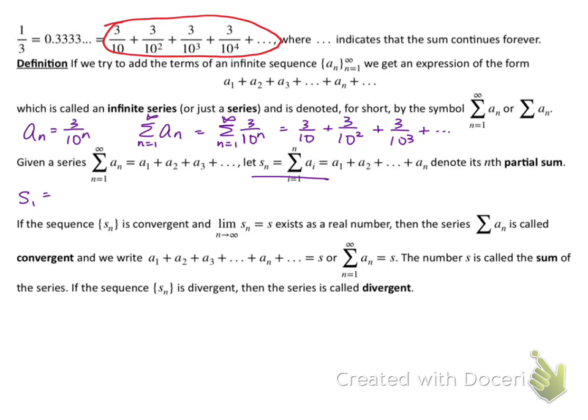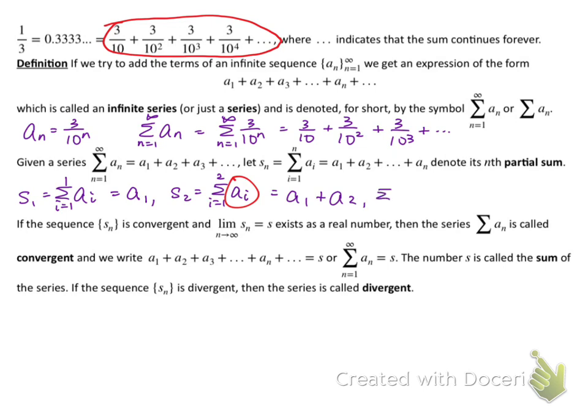Look at this notation, I'm trying to show you how it works. When n equals 1, this is the sum of a_i from i equals 1 to 1, which means it only goes one place, a1. Now S2 would be the sum of a_i where i goes from 1 to 2, that would be i being 1 and i being 2 in the expression after the summation sign.